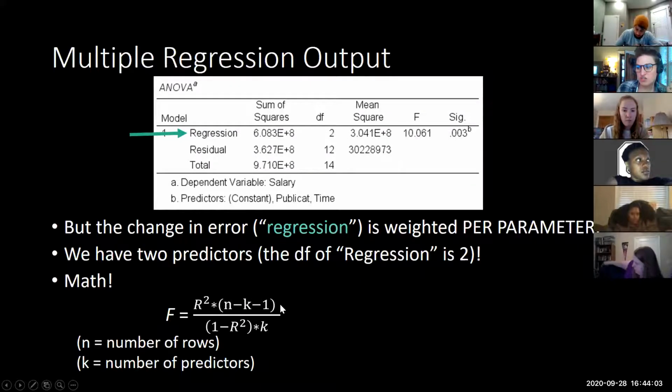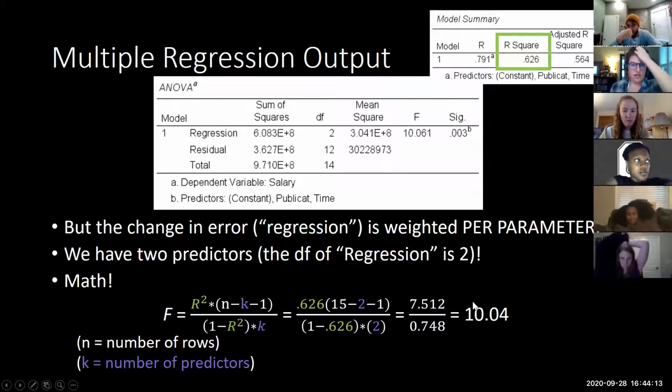And so that changes the math a little bit. I don't care if you memorize this, but it's here. And if you do the math, it will work. I promise. Look, I just did it for you, just so that you can see that it's there. The reason that I bring this up is to show you that it's not exactly the same as it was before. It's a little bit different, but the principle is the same.